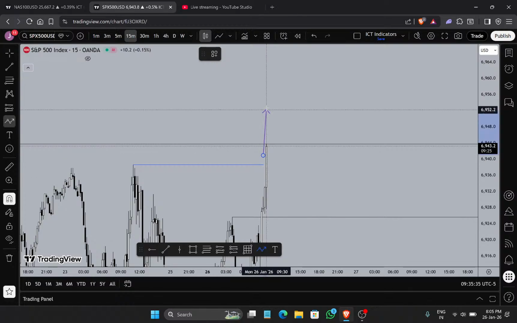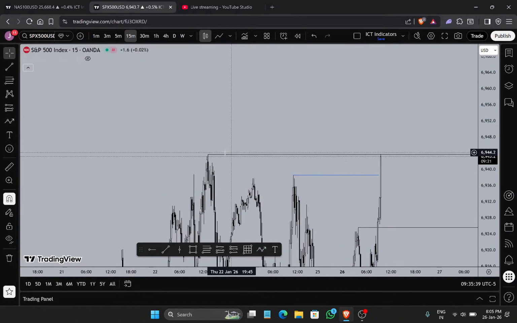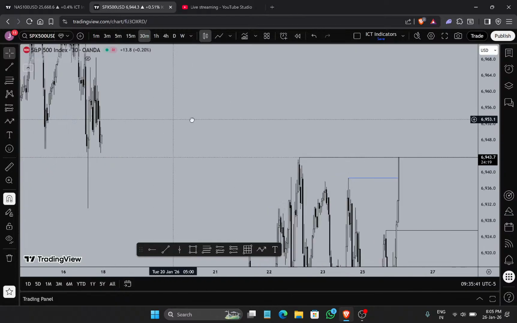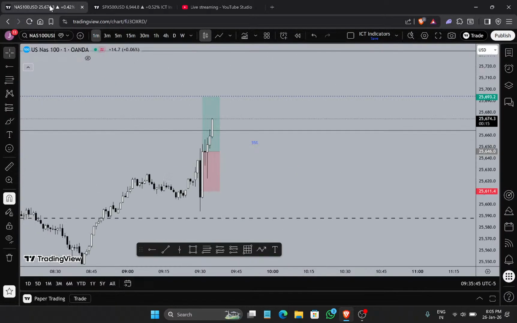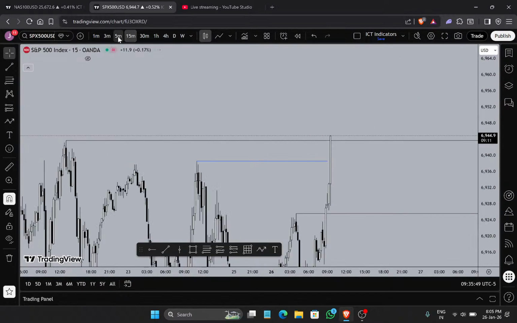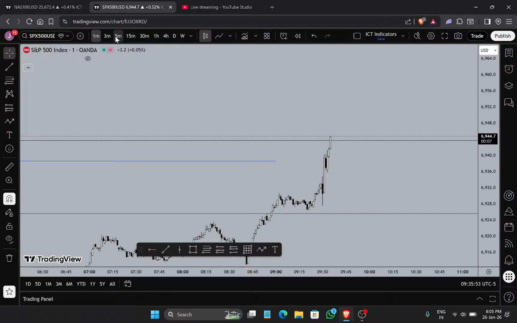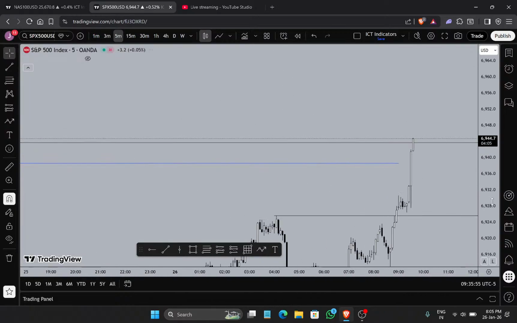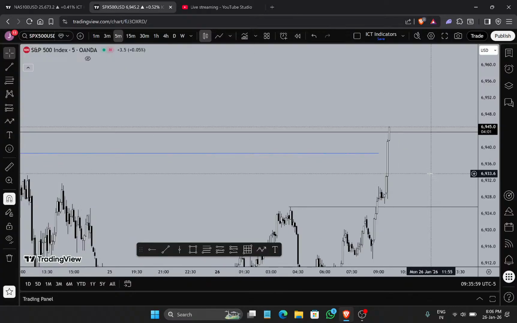Then if we can flush through this gap, we find it opens. We close above these highs.